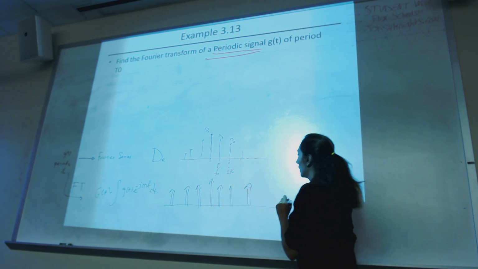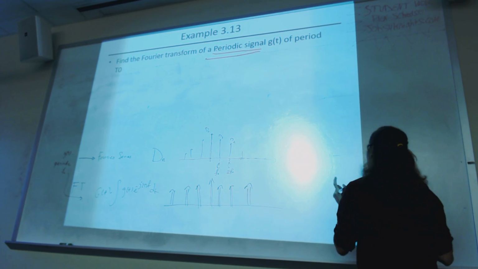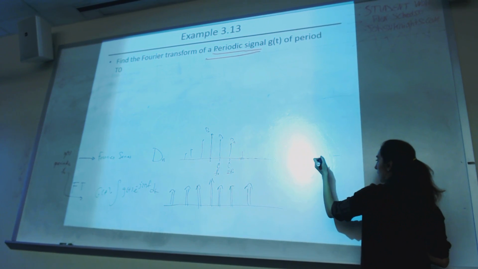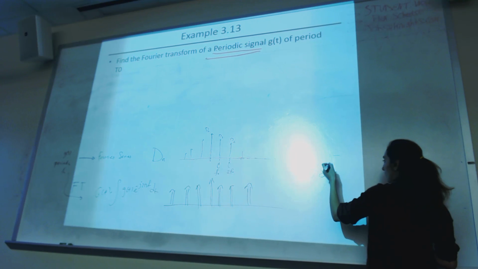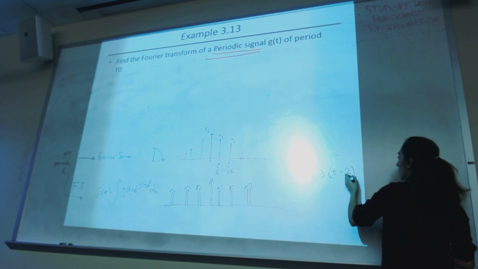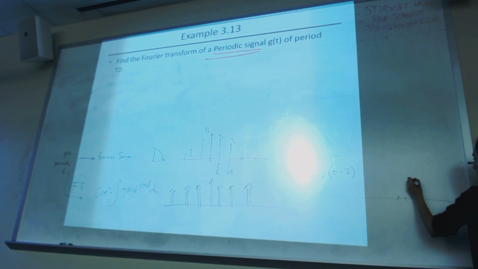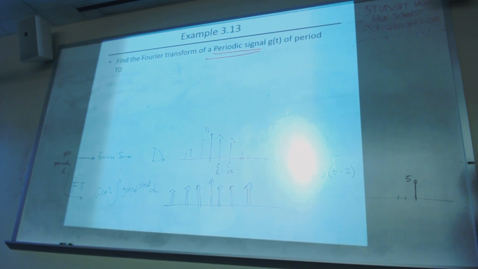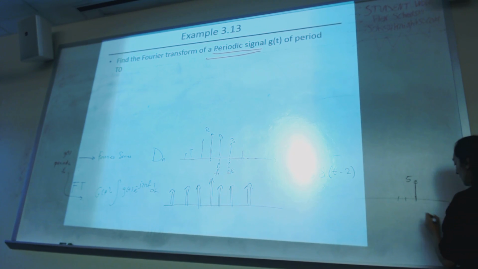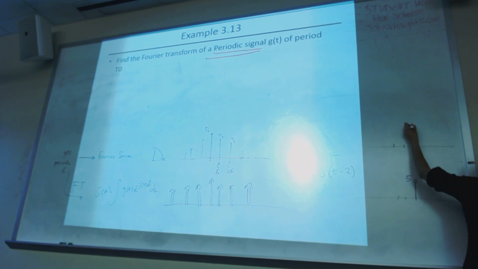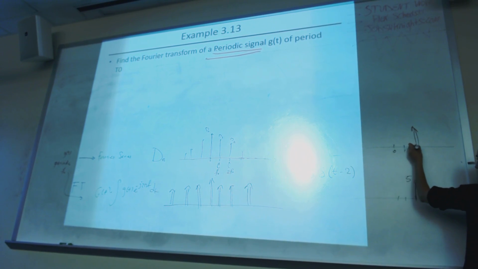We're going to prove this. By the way, in the midterm we had one question where you had to represent 5 times delta of t minus 2, and a lot of you represented it as a plain value. There is a huge difference between that and the actual thing, which is represented by an arrow.